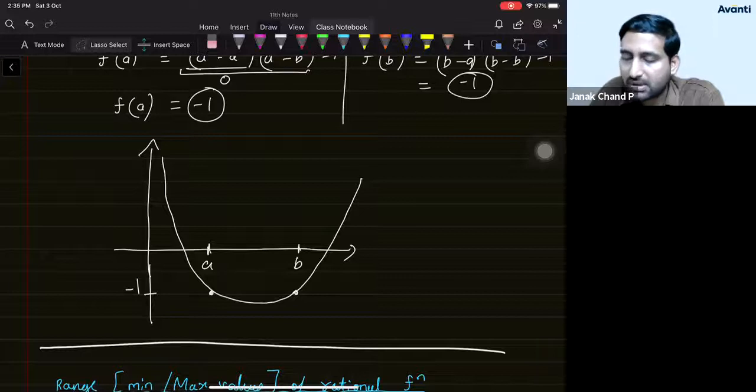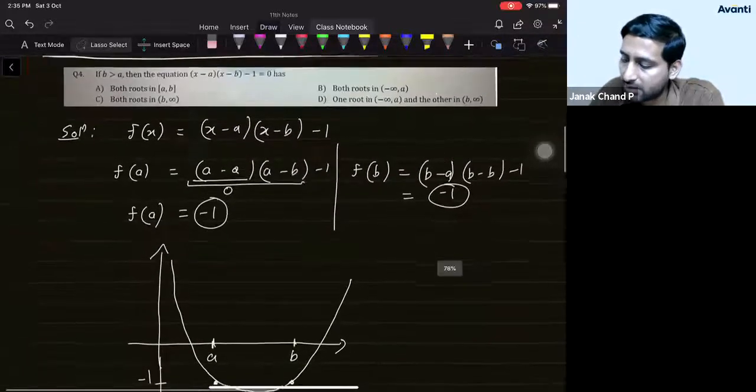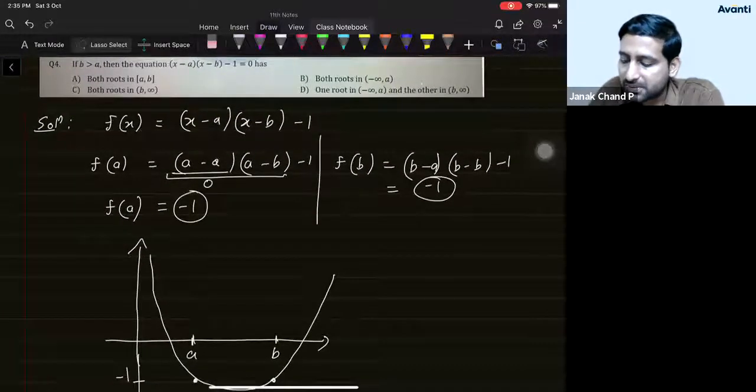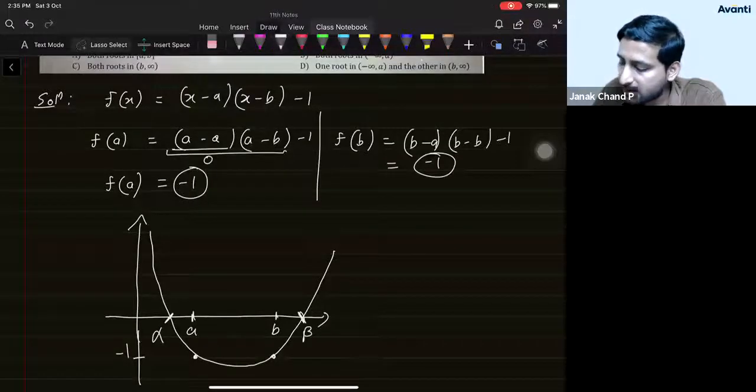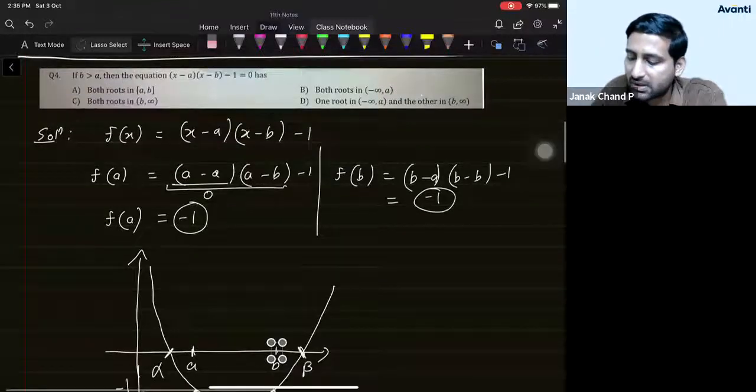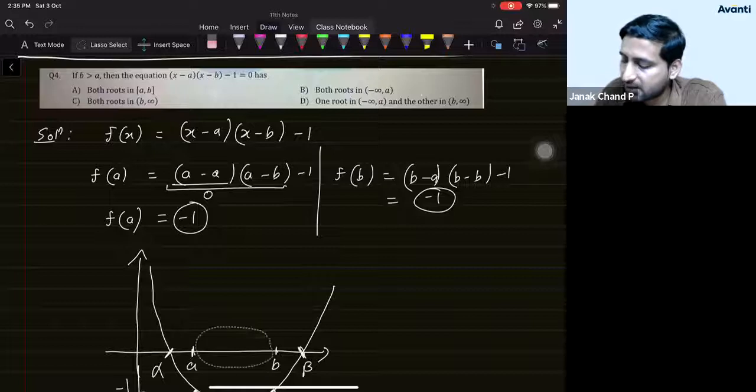Once you have drawn this graph, if you look at the 4 options, the first option says that both the roots are in A and B. Obviously, student, one root is here, another root is here. So it is not in the interval inside A and B. The first option says that both the roots are inside A and B. That is not the case, student, it is the opposite. Both the roots are outside the A and B region.